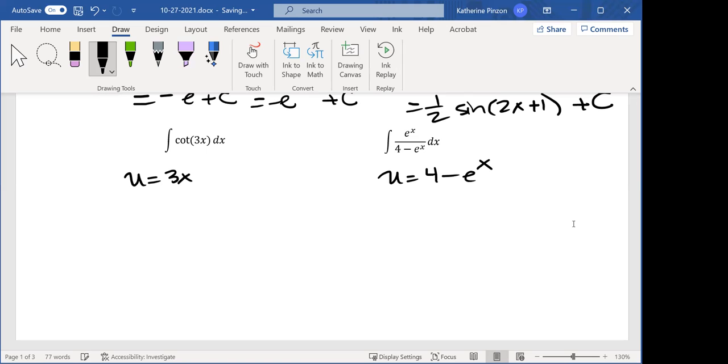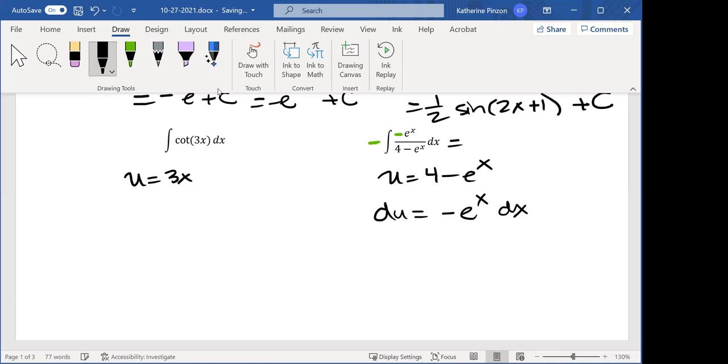Okay, let's do the second one first. I think it's easier. If u is 4 minus e to the x, then the derivative of that is negative e to the x dx. Derivative of e to the x is e to the x. It's negative because I have that negative sign here. So I need a negative in here. If I put a negative on the inside, I need a negative on the outside.